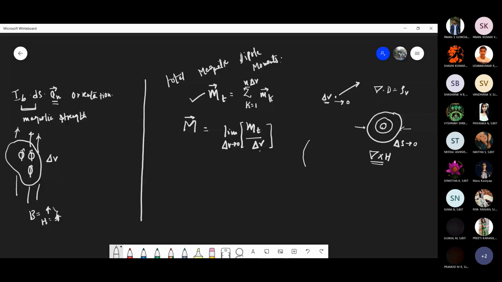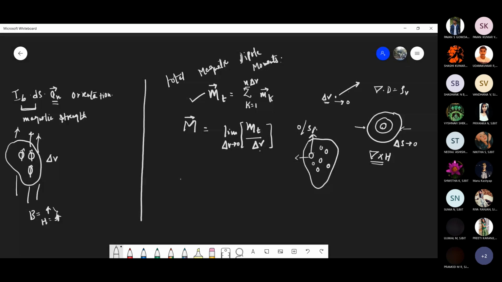See here you have n number of moments. Here you had a dipole moment, here you have another dipole. There are n number of dipoles, right? These dipoles will have both orbital motion as well as spinning motion. This is an atomic current, and this is an internal magnetic field generated due to the atomic current.